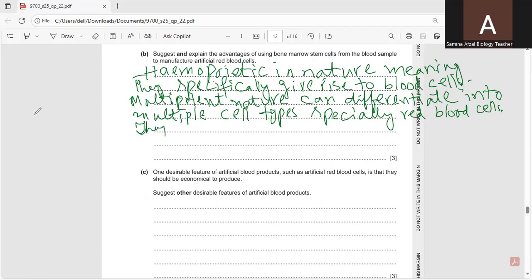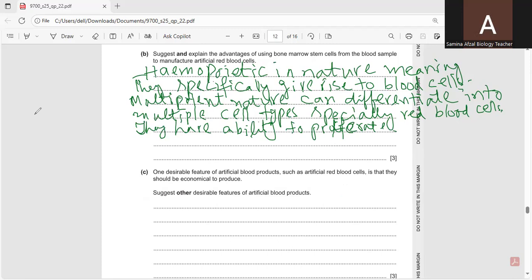They have the ability to proliferate, or they can increase their number, they can reproduce, they can replicate. So these are many of the advantages of using them.